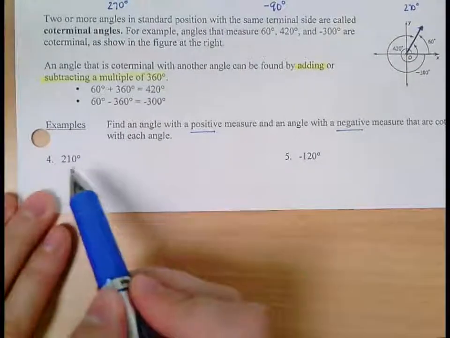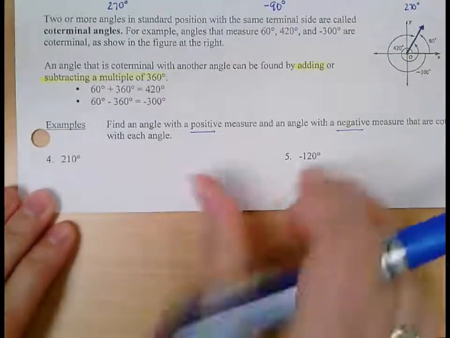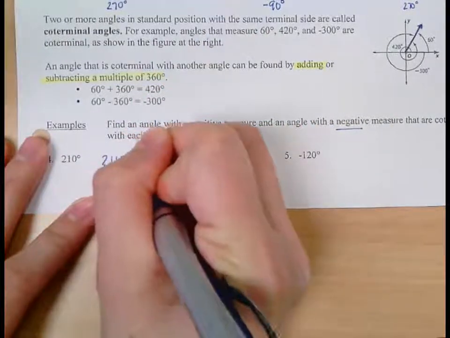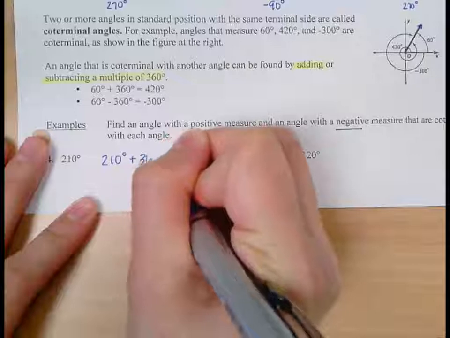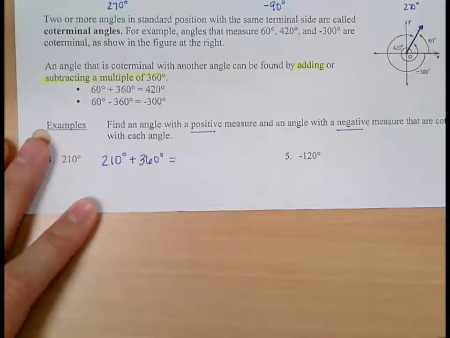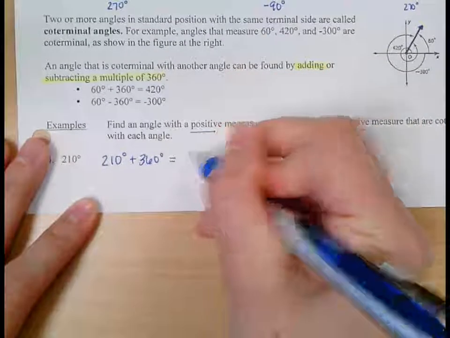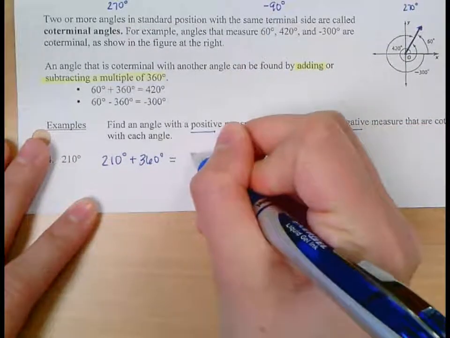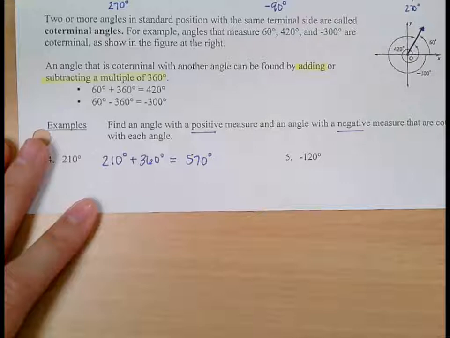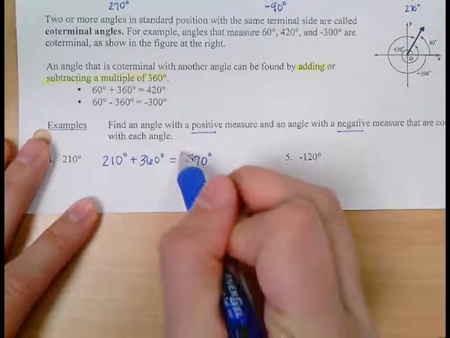So if we have the angle 210 degrees, to find a coterminal angle, I know I can add 360, and that would be 570. So that would be a positive angle that is coterminal with 210.